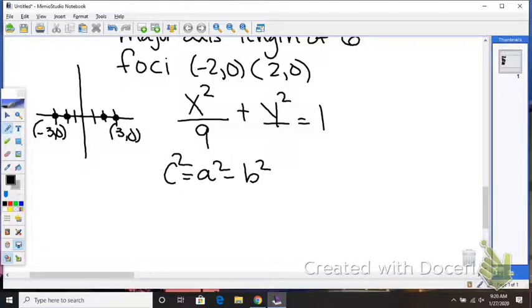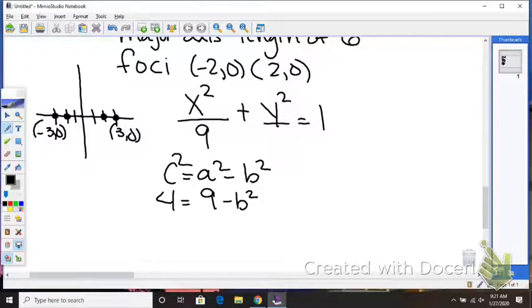So what is c in this problem? 2. So what's c squared? 4. a, we already said, was 3, so a squared is 9. And I don't know my b squared yet, that's what I'm looking for.